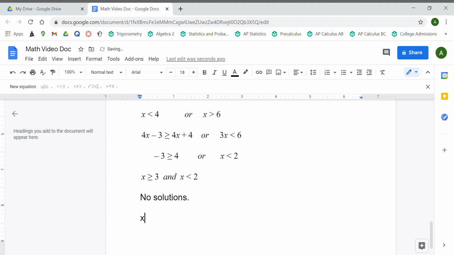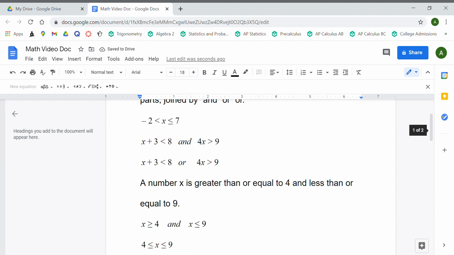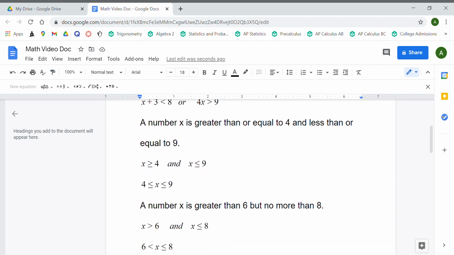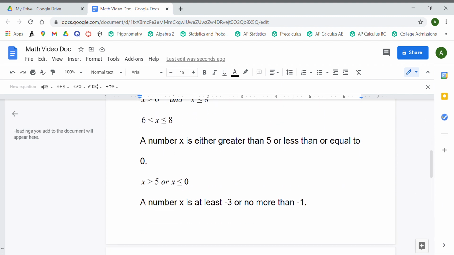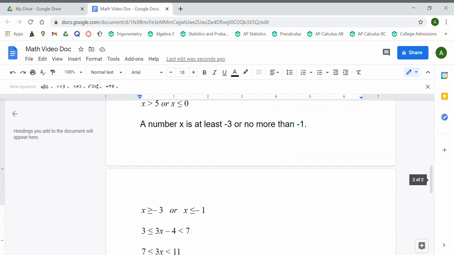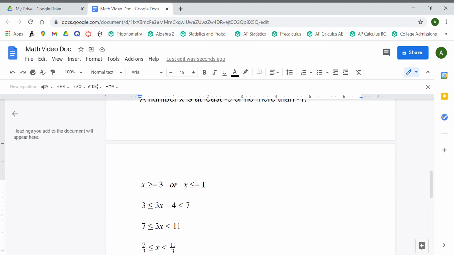Now what if you had something like this? Remember what I showed you with this inequality here.